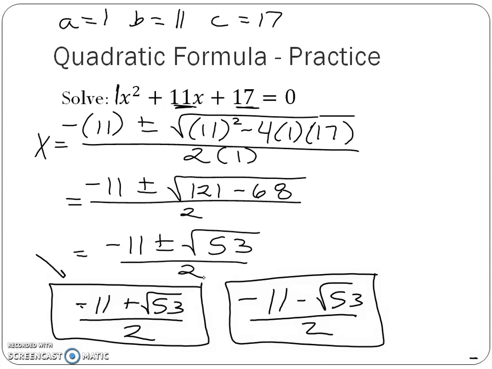So negative 11 plus 7.28, and then divide it by 2. And this is approximately negative 1.86. Okay? So I could still find an approximate answer for that, but I would prefer you guys to have the exact answer, which is that one there. Okay? Then we'll do one more practice.